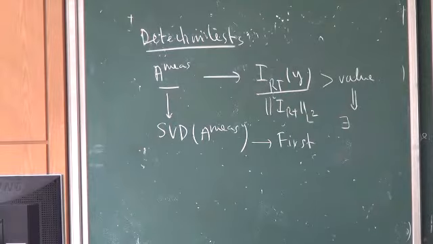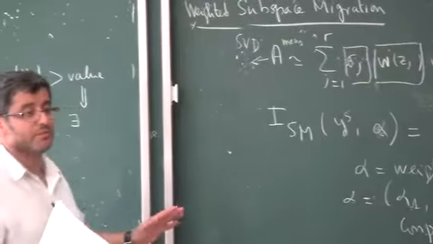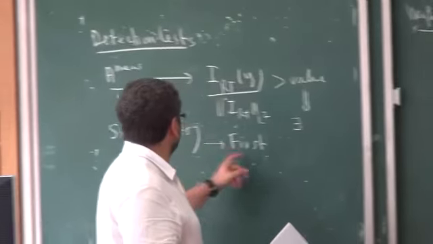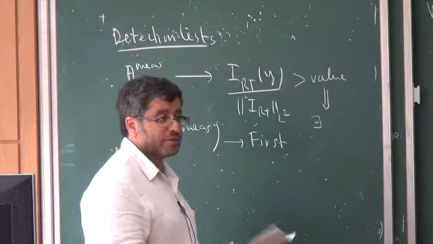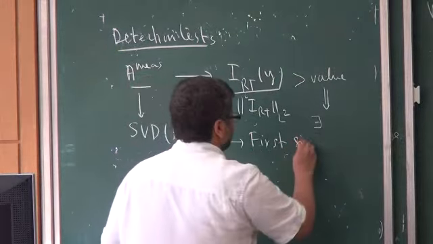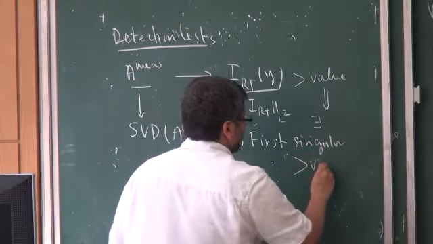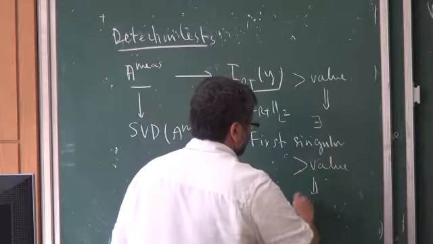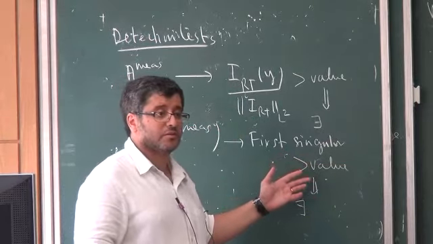So then you detect, but you localize at the same time. The other way is that we don't do imaging. We compute the singular values of the response matrix and look at the first singular value. If this exceeds some value, then there is something. How to fix this threshold?